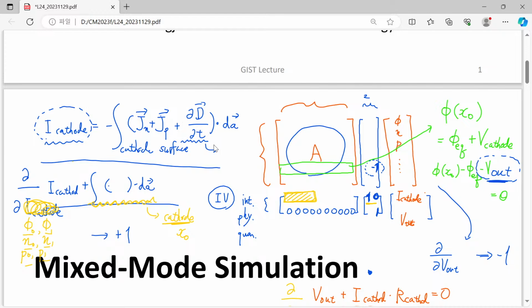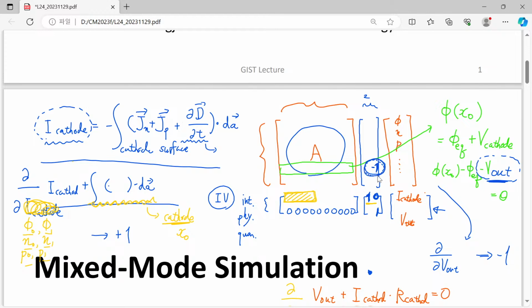Any other question? It seems to be a little bit complicated, but please try to do it in a step-by-step manner. If you consider just two additional equations, its implementation in this line is not that difficult. However, don't forget this one.